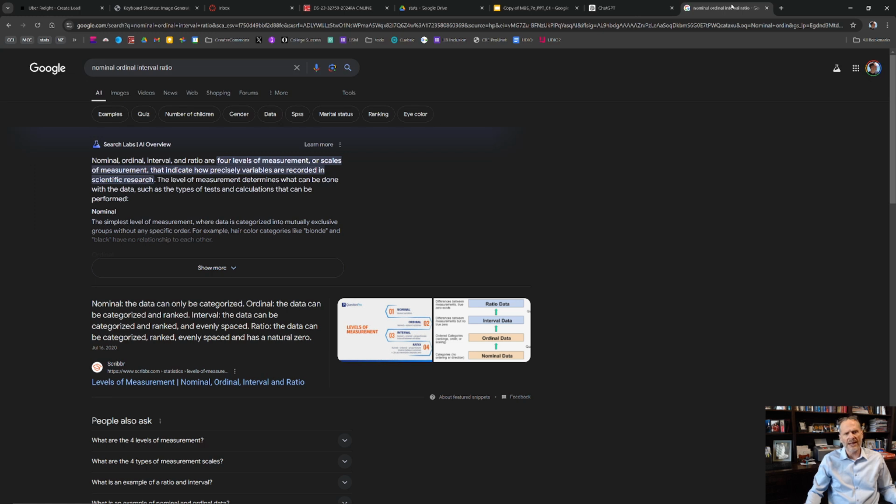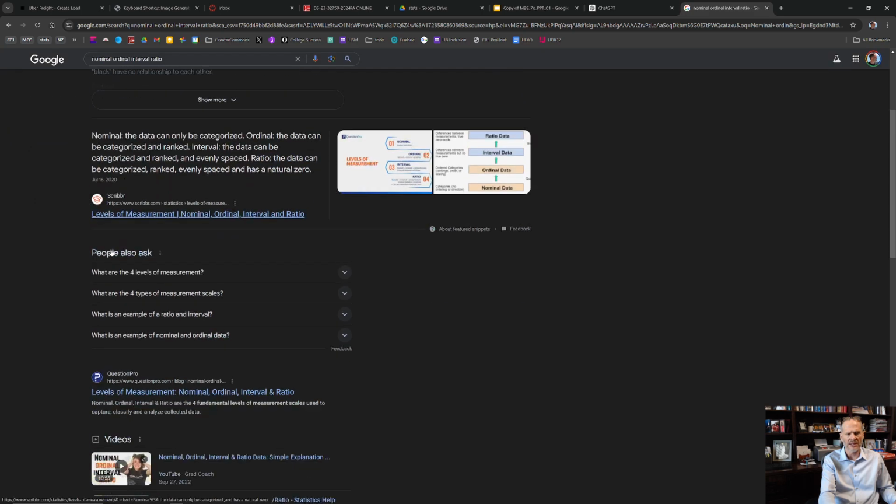So I could put that in, and here Google gives me a little bit of their Google generative AI, and it gives me a little bit of a description of nominal, ordinal, interval, and ratio. And those are 4 levels of measurement or scales of measurement that indicate how precisely variables or data are recorded in scientific research and statistics.